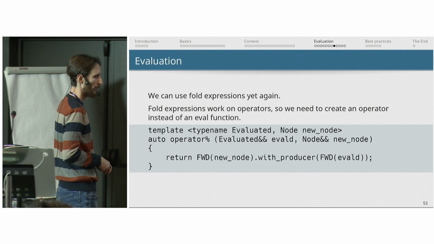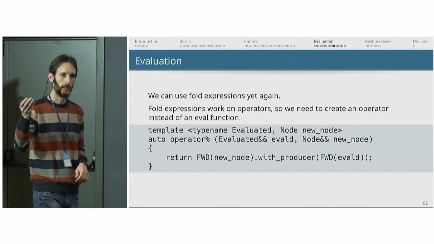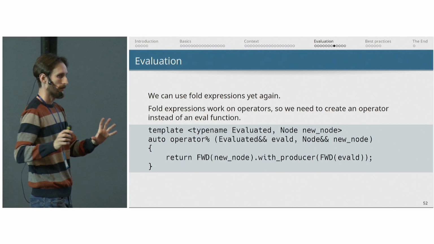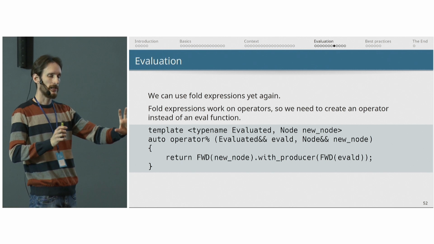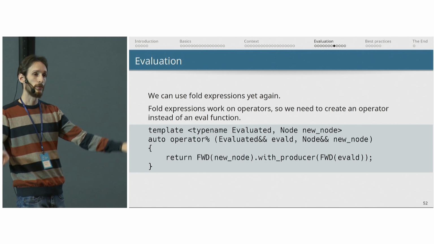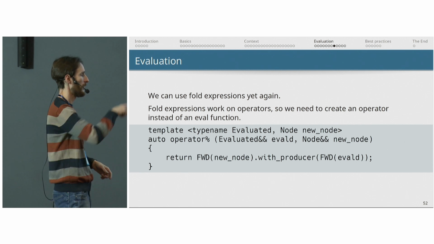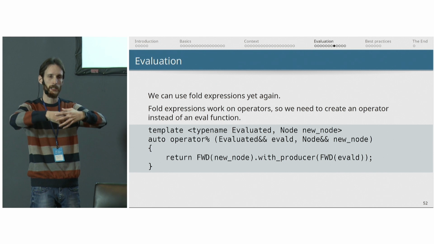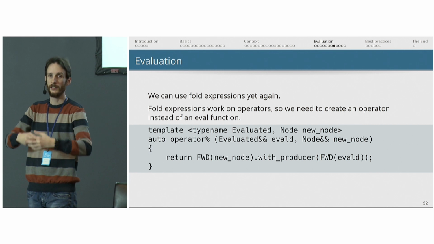So when we want to connect a producer and a consumer, which are in the AST, they were separate nodes. Now we want to merge them. And we can have, for example, a function called withProducer, which merges them into one and says, okay, I'm a node, and now I know who my parent is.